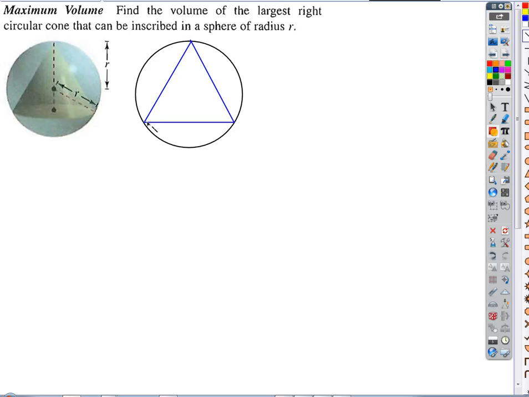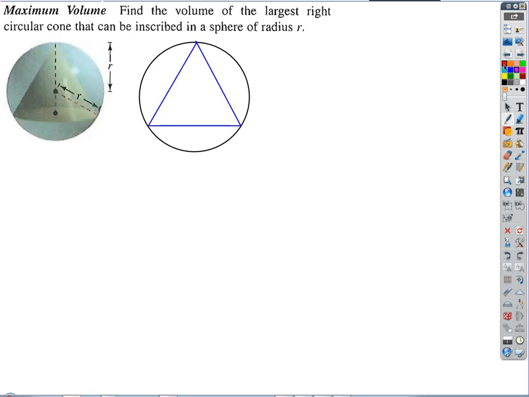Okay. So then our variables are going to have to be, we're going to have the radius of the cone. What do we call it? X. Okay, so this distance right here, that distance right there is x, which would correspond to that distance right there.